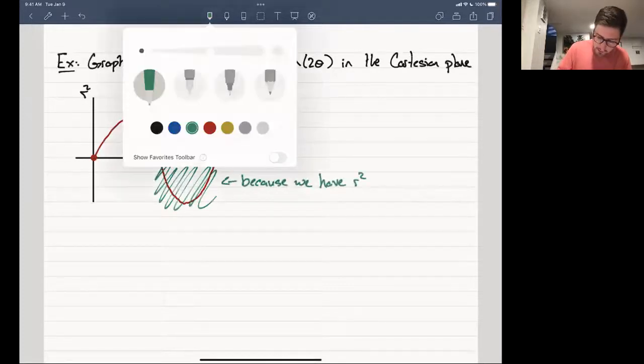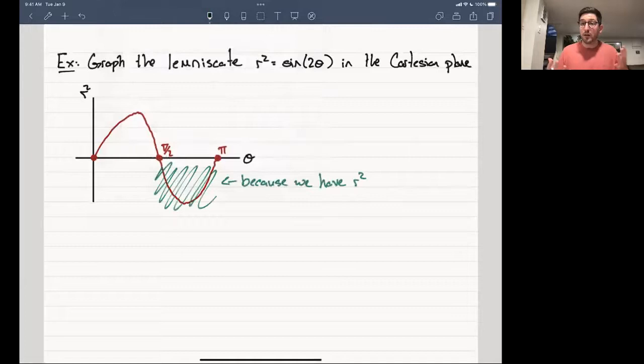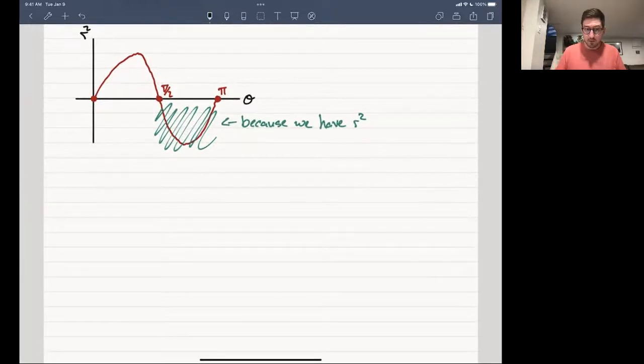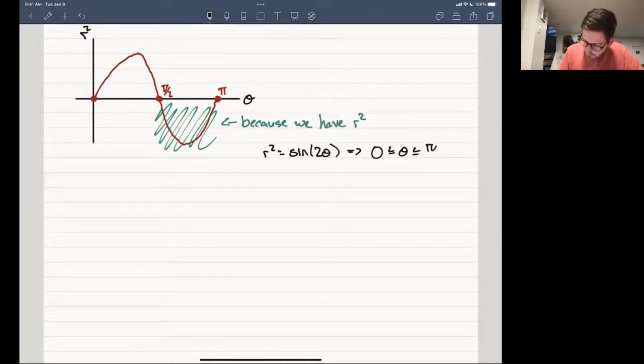So we're going to try and do this graphically without going through all of the work that we did in the previous 2 examples. Okay, so then that means that r squared is equal to sine of 2 theta. Then we have that 0 is less than or equal to theta, which is less than or equal to pi.